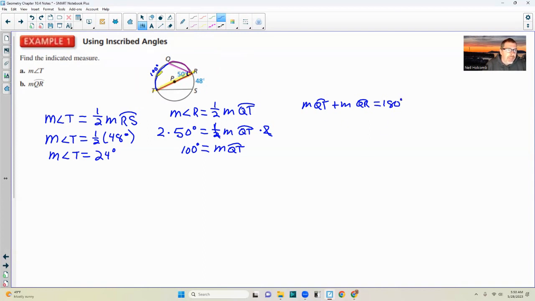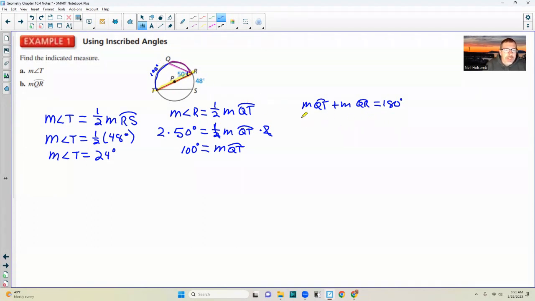Okay, so from T all the way around to R, since this is a diameter, this is half a circle or 180 degrees. Or you could think of angle TPR as a straight angle, 180 degrees. And it's a central angle and it equals its intercepted arc.